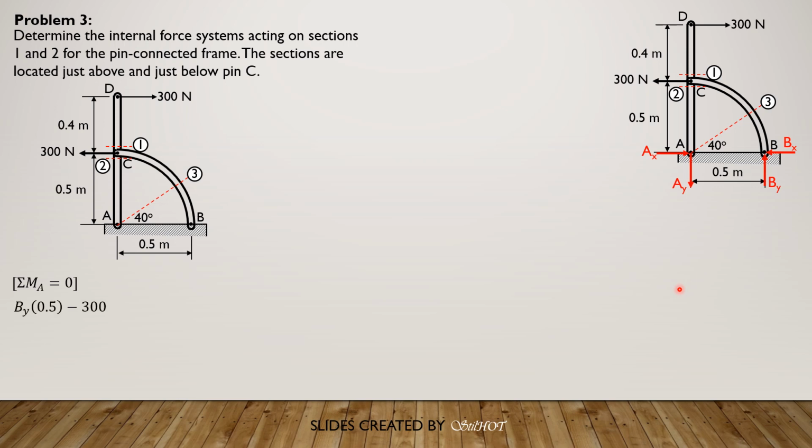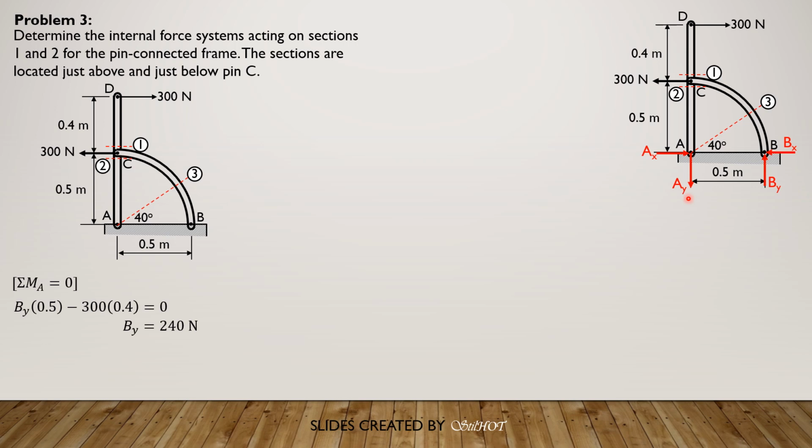So By times 0.5 minus 300 times 0.4 equals 0. Or if you sum up moment about A, it's the same as 300 times 0.9 minus 300 times 0.5. So the net value is 300 times 0.4. So solving for By is 240 newtons.